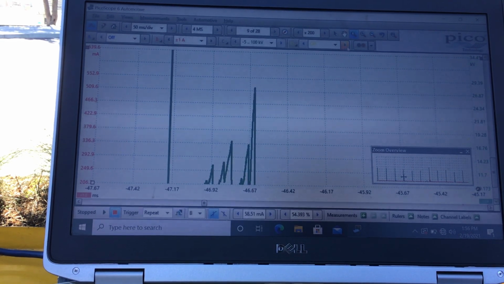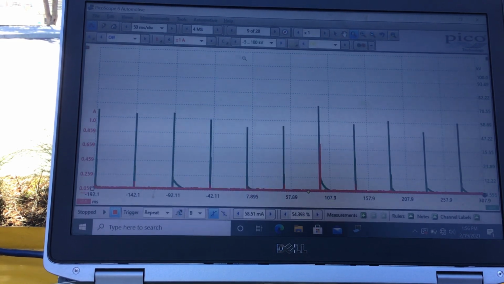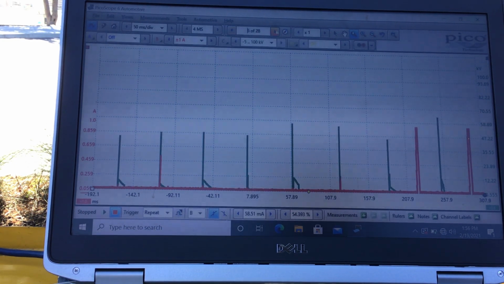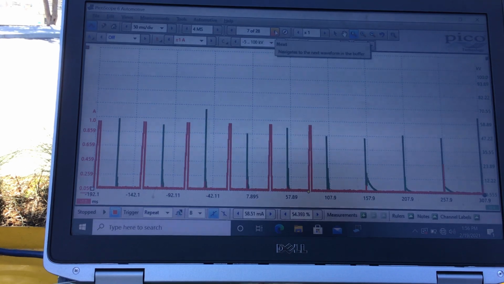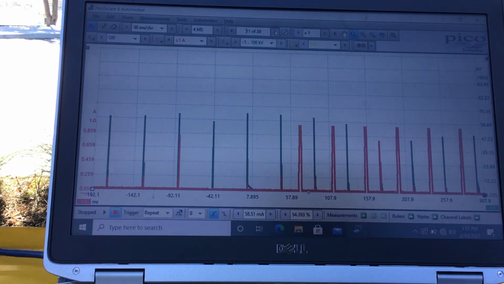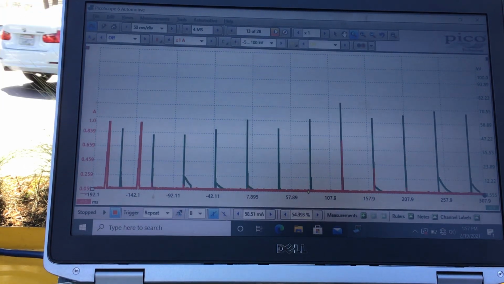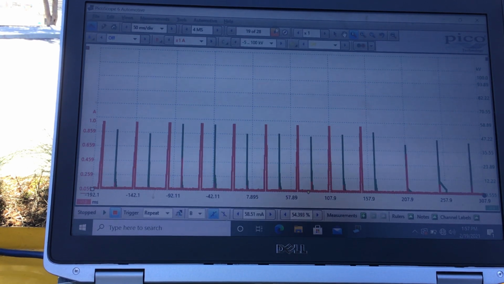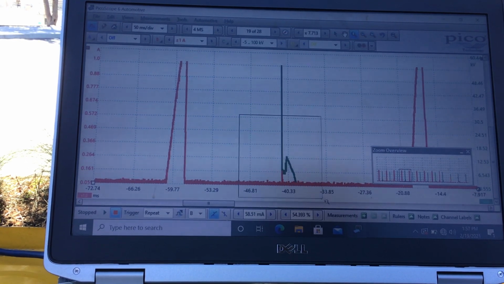Let's go back to one more, and let's look at a normal one that's getting its proper fuel. Okay, right here. Let's see.